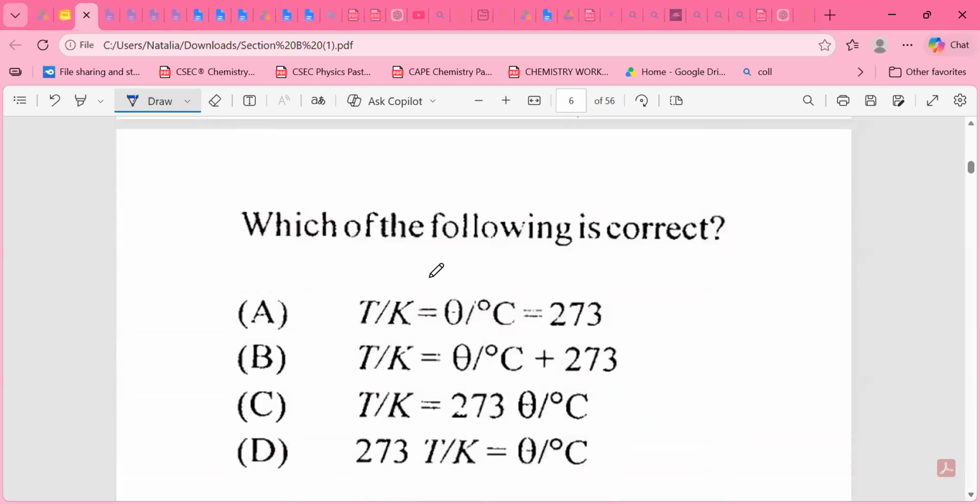Which of the following is correct? We're talking about the conversion of temperature from Kelvin to degrees Celsius. Kelvin is temperature in degrees Celsius plus 273. So this is the correct answer.